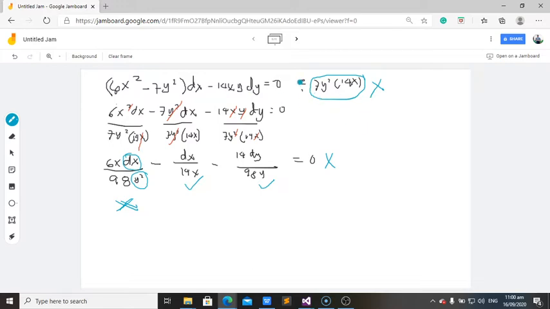So, when you divide and multiply something, every variable should be separated. That's the rule of variable separable, right? If it happens like this, then your variable separable is not applicable for this given differential equation.